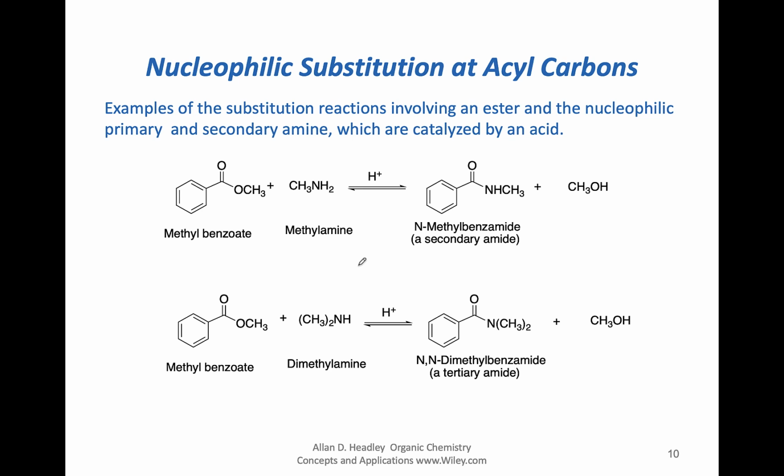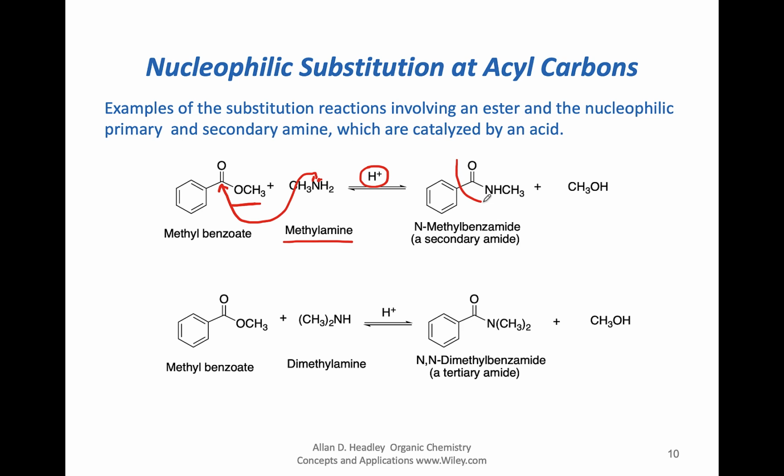As you can imagine, the same type of reaction can occur with amines. So here is a primary amine, methylamine. It's nucleophilic because it has an unshared pair of electrons. In an acid or acid catalyzed, you can imagine this OCH3 will leave and this nucleophile will attack that carbon to give here this type of molecule now known as an amide.